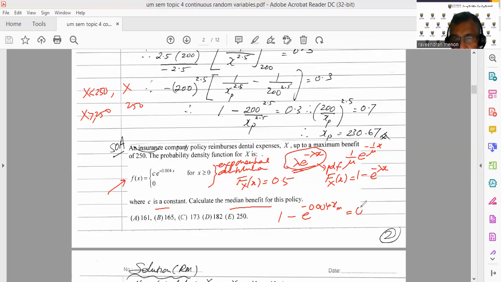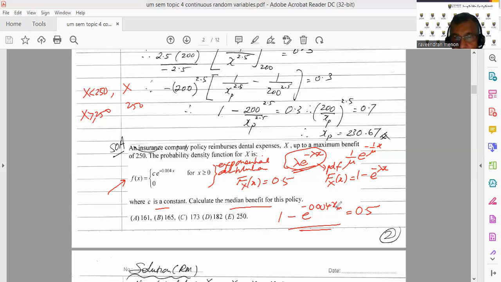That'll be equal to 0.5. That's it. Okay. So this thing here, 0.004 xm, and that's equal to 0.5. Now you need to solve this though. You need to work this out and you'll get a certain value. It's about 173 if I remember correctly.